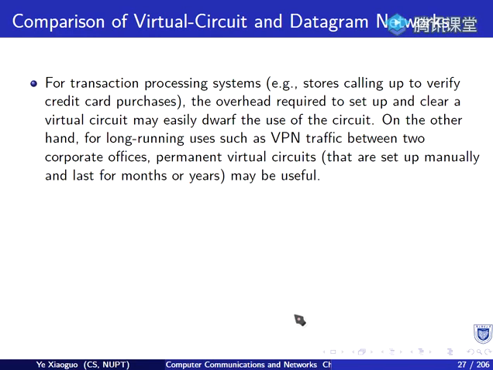So sometimes we need a datagram network, sometimes we need a virtual circuit. For example, VPN traffic usually uses permanent virtual circuits that are set up manually and last for months or years.